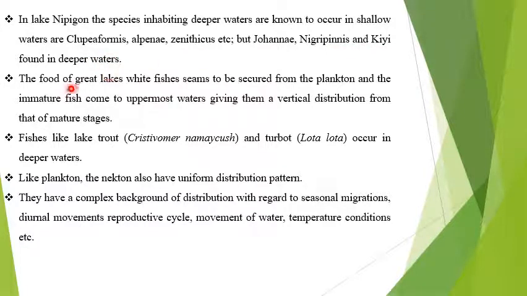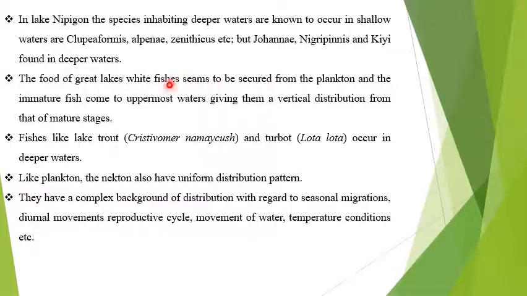The food of the Great Lakes whitefish seems to be secured from the plankton, and the immature fish come to the uppermost water, giving them a vertical distribution different from the mature stage. In whitefishes, the food is secured from the plankton by the immature fish found in the upper layer, while the mature fish are found in the deeper region.